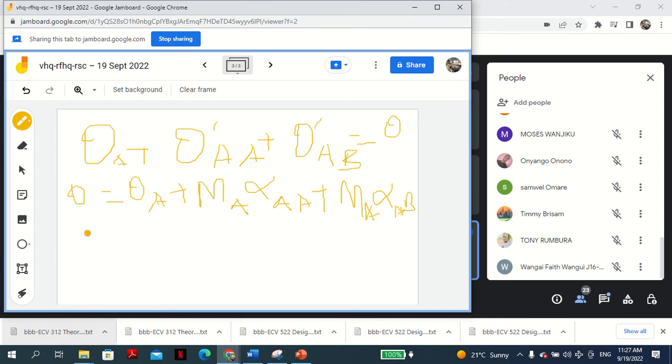Similarly, using the same logic, 0, because the other end is also fixed, must be theta B plus MB alpha BA plus MB alpha BB.